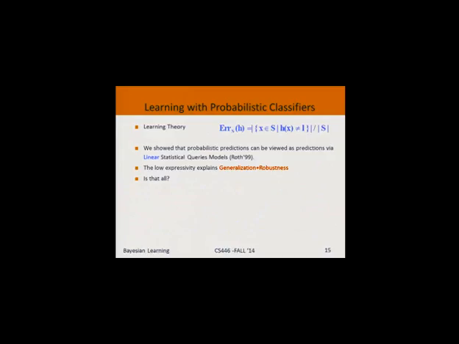What does it say? It goes back to what we've said earlier in the class. It says that we have low expressive functions. And therefore, independent of the independence assumptions, if you manage to fit the data with a low expressive model, it's going to work.